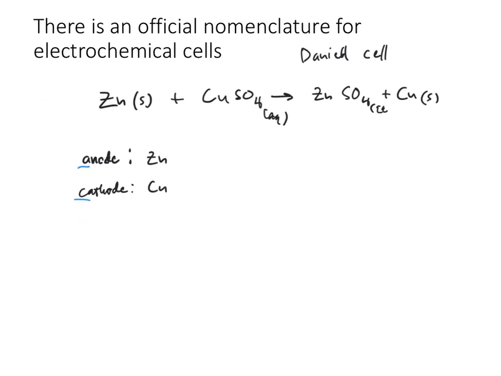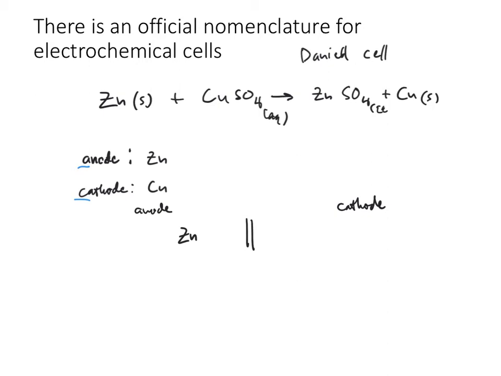So then for the nomenclature, what we have to do is put 2 bars representing the junction between the anode and the cathode. And we have to put the anode on the left side of those 2 bars, and the cathode on the right side of those 2 bars. Hopefully this one is familiar.